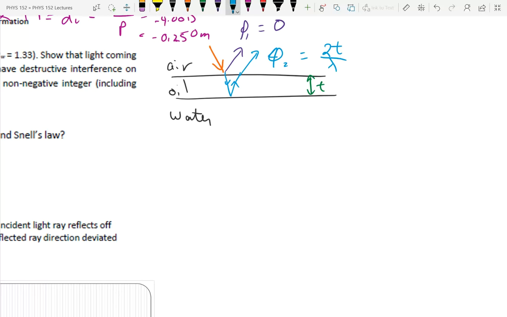Well, I can divide it by the wavelength in oil and multiply it by 2 pi. So that's lambda sub oil, and then times 2 pi. That's the phase shift for the path. But then I also have to look at this reflection. Going from oil to water, did it reflect off something with a faster speed or a slower speed?